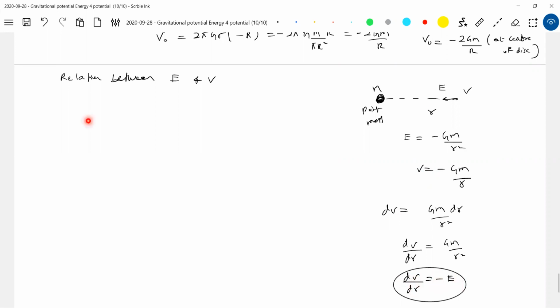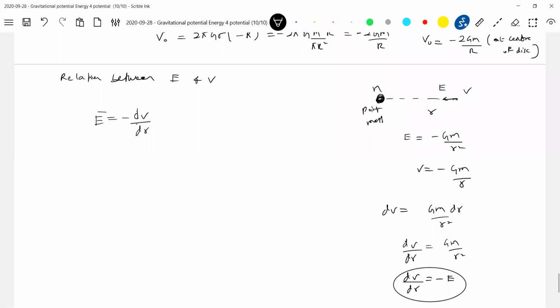So what is the relationship? In the book, they have given it like this: E bar equal to minus dou V by dou r. What do you mean by dou? If you are getting confused, I'll write dV only. There is a difference between dV by dr and dou V by dou r. Dou is like a gradient.